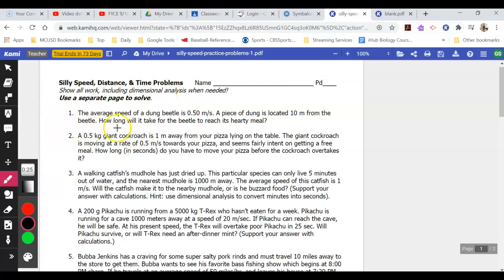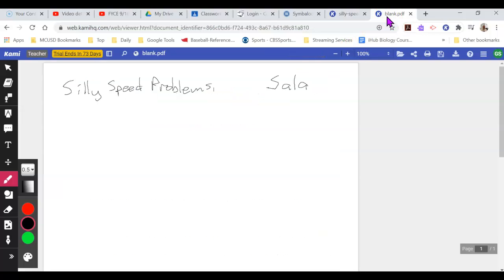So you're just going to use that sheet to get the information. With Kami, you have the option of creating a blank sheet and titling it Silly Speed Problems. Make sure your name's on there somewhere, and then you just get to solving the problems.